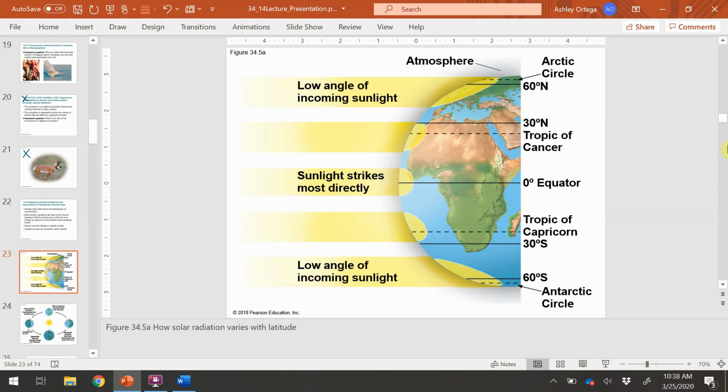And so as you move away from the equator, the amount of sun hitting that region is going to be less per area. And so the low level of incoming sunlight near the South Pole and the North Pole is going to equate to less sun in that region and cooler temperatures. And so the place where the sun hits most directly is the equator. That results in warmer temperatures.